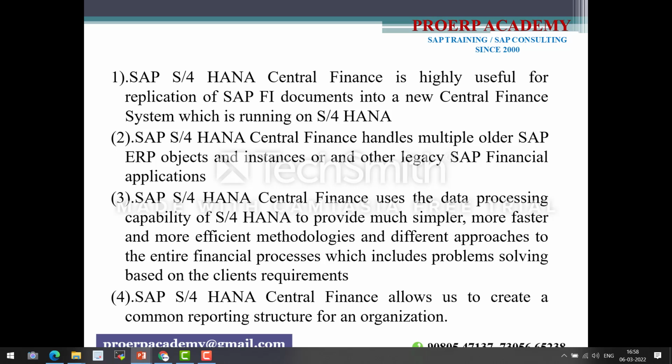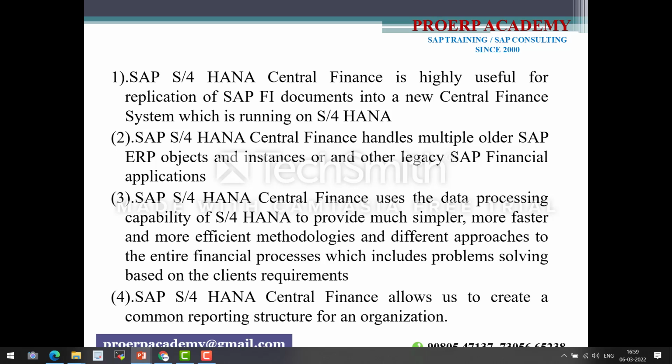Similarly, we should replicate all the important configurations under the AP module also. Under accounts payables, we have to replicate the automatic payment program configuration for vendors, followed by the interest calculation program for vendors, then dunning procedures for vendors, as well as the tax calculation procedure, that is withholding tax for vendors.